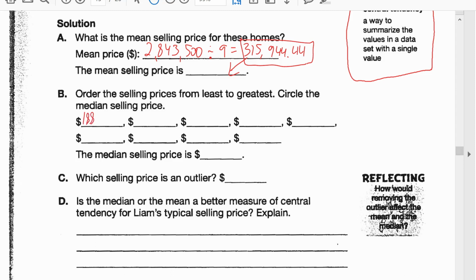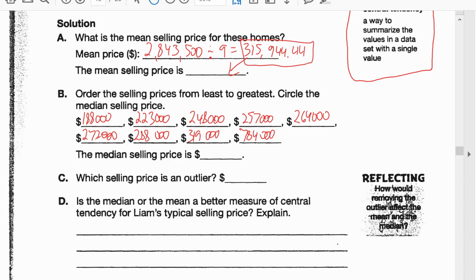So we have 188, 223, 248, 257, 264, 272, 288, 319, and 784,000.